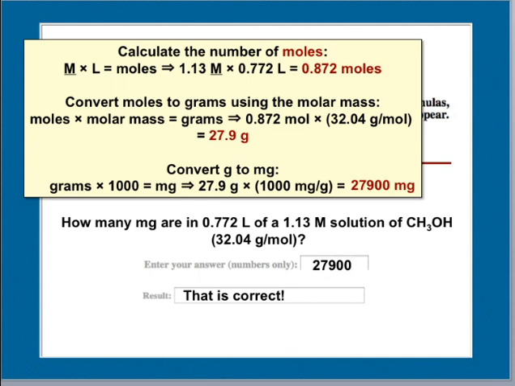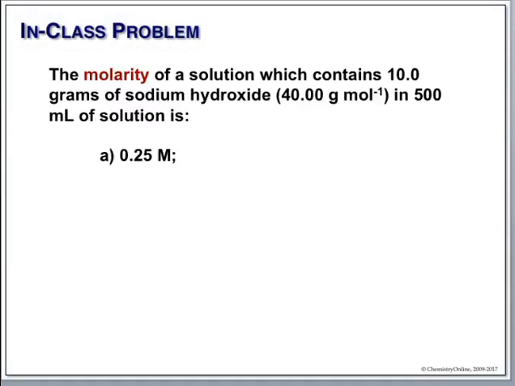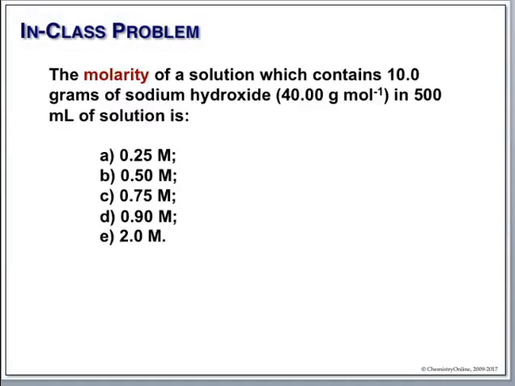All right, let's look at a couple simple test questions. Molarity of a solution that contains 10 grams of sodium hydroxide and 500 mils is what? Standard test question, nice even units.